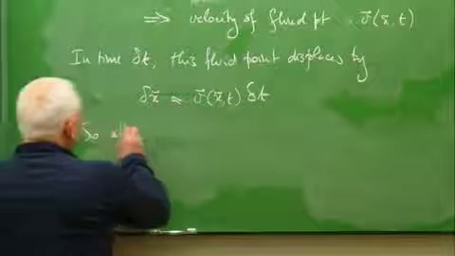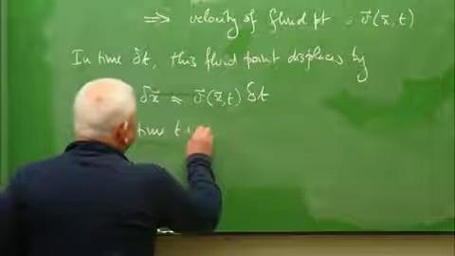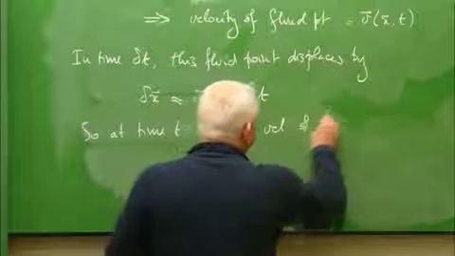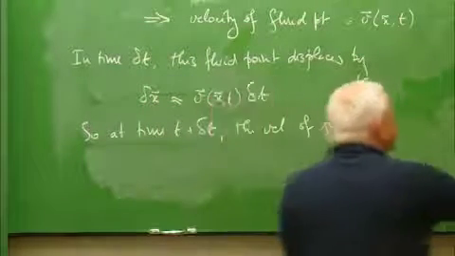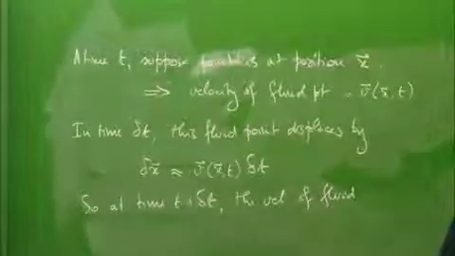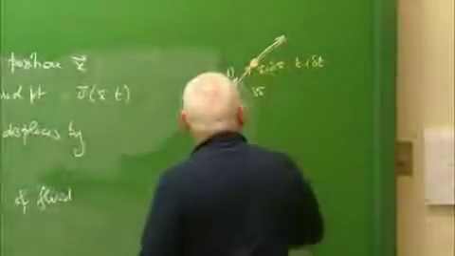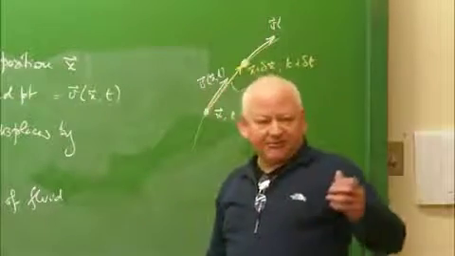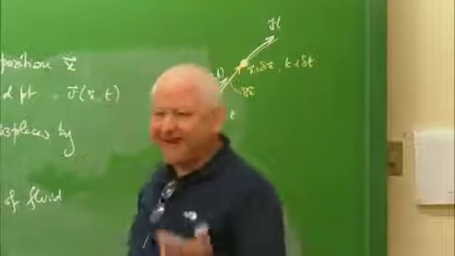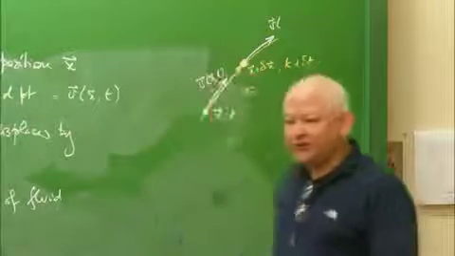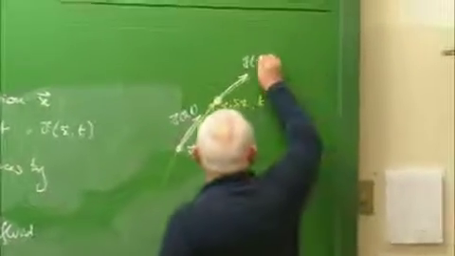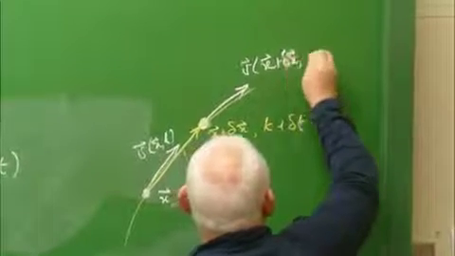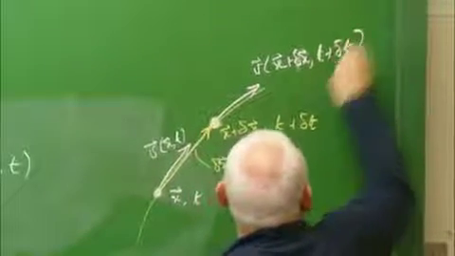So, at time t plus delta t, the velocity of the fluid point, I'm now calculating the velocity that it has at this position, x plus delta x. How do I get it? I substitute the value of the position and the value of the time into the vector field, and that gives me the velocity that it has at position x plus delta x and time t plus delta t.